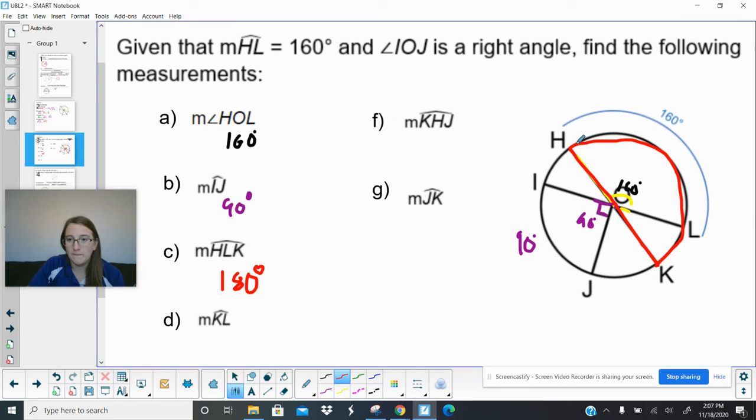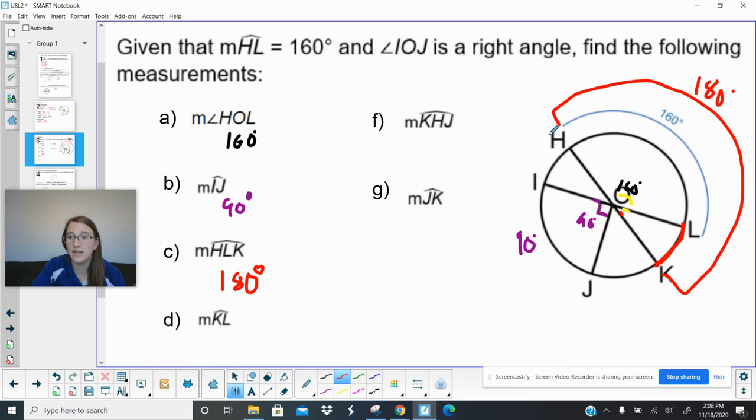Now, going on from here, we know that, again, this whole thing is 180. And what we are trying to find in this next question, hopefully we know by now, is going to be an arc. We're trying to find this little piece right here, KL. Now let's think about what we know. We just figured out that this whole thing is 180. And we also know, and I can actually label that, why not?